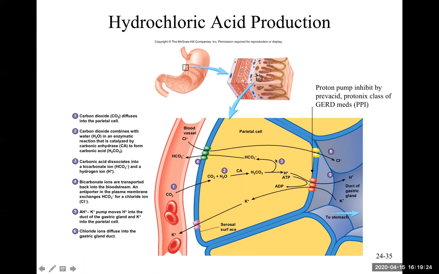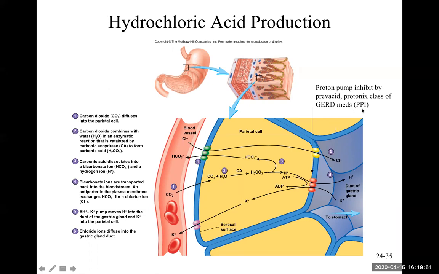So what happens? We never have hydrochloric acid being formed in the cell itself. If it was formed in the cell, it would die. Instead, they pump out the reactants, the hydrogen and the chlorine. And then by pumping it out, we form hydrochloric acid outside of the cell. We call this a proton pump.